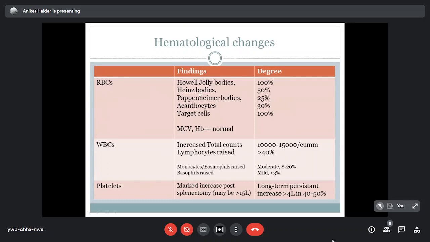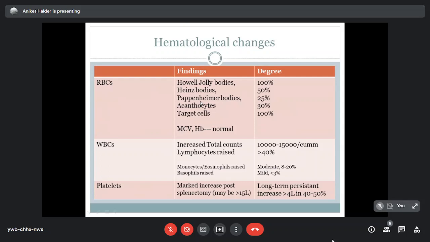Heinz bodies are the denatured hemoglobin fragments, which will be found in the red cells. Pappenheimer bodies are the siderotic granules which will be present in the red cells. Acanthocytes or the spiculated cells will be numerous, and target cells will be present in the peripheral smear. The presence of all these bodies, as I had said, will depend on the degree of the hyposplenism that is present.